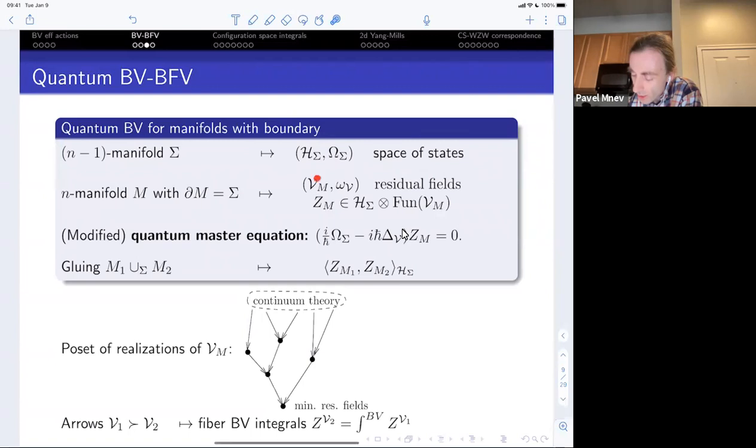One is the space of residual fields, which is some finite dimensional odd symplectic vector space, and a partition function, which is an element of the tensor product of the space of states for the boundary and functions of residual fields.